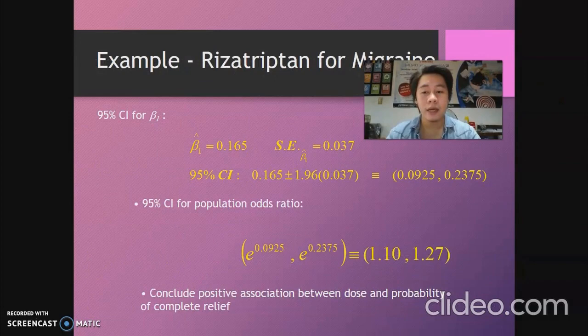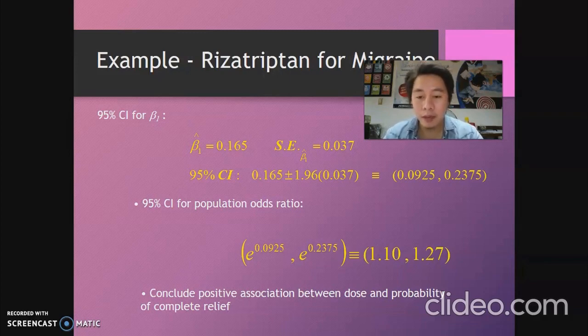So the 95% CI for B1, coefficient 1: coefficient 1 is equal to 0.165, the standard error is 0.0337, and the 95% CI is 0.165 plus or minus 1.96 times 0.037, which gives 0.0925 and 0.2375.